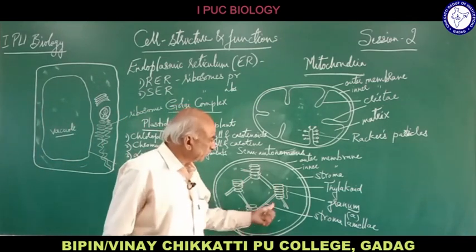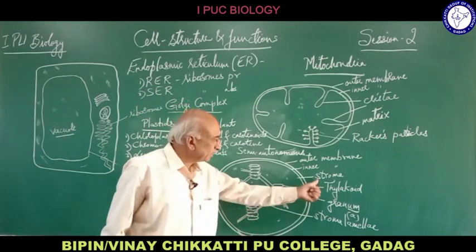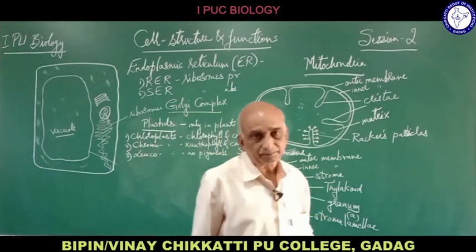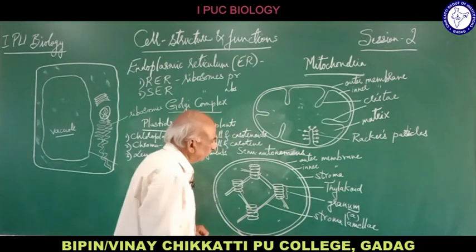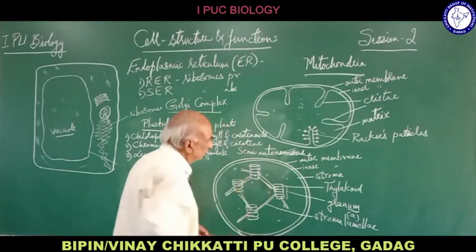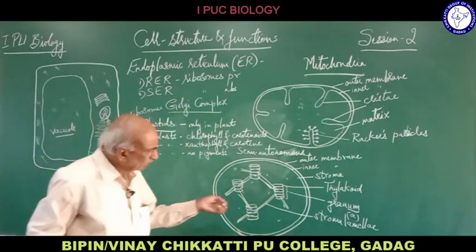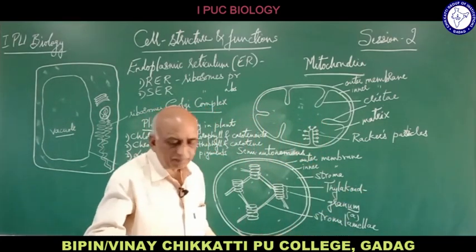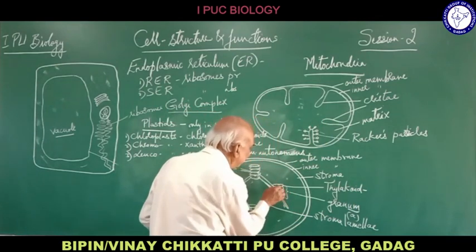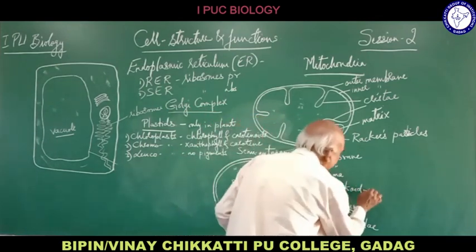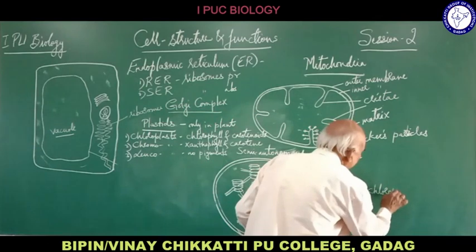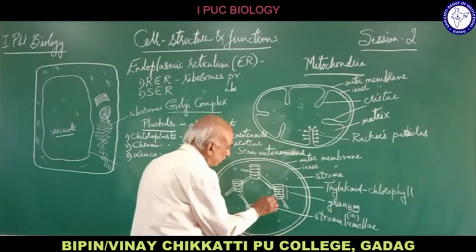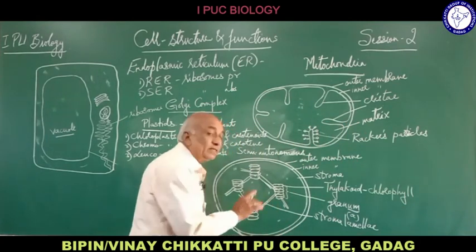These stroma lamellae form a network within the chloroplast, in the stroma of the plastid. Then the chlorophyll pigment is present in the thylakoids, and also in the stroma lamellae, but not in the stroma.